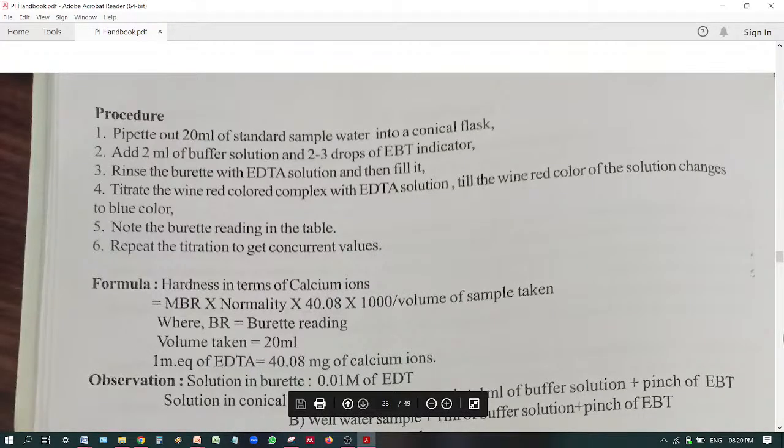So see how we will be doing the calculation.